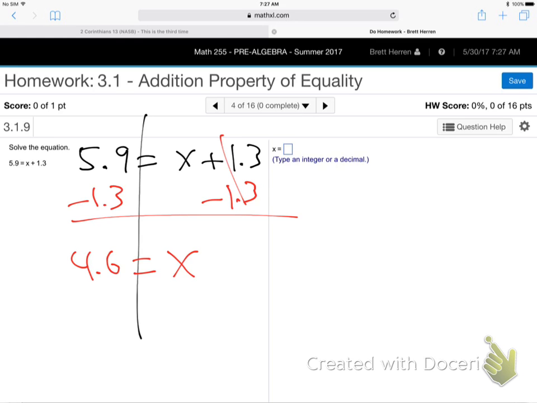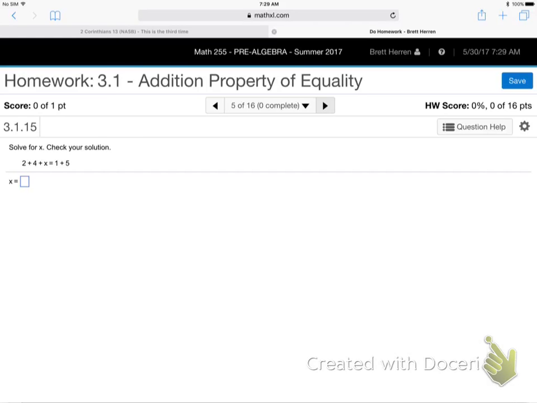All right, so 2 plus 4 plus x is 1 plus 5. Okay, try that one. I'll give you a second on that one.